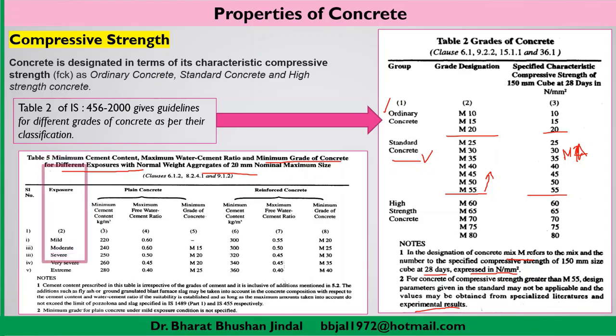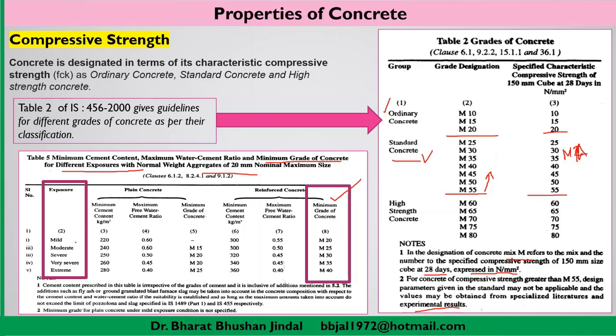So you can see here in the first column some exposure conditions which are mentioned as per IS 456: mild condition, moderate condition, severe, very severe and extreme. And correspondingly, as we are more interested in reinforced concrete, because most of the design detailing will be for reinforced cement concrete, the code has very clearly mentioned what the minimum grade of concrete should be.